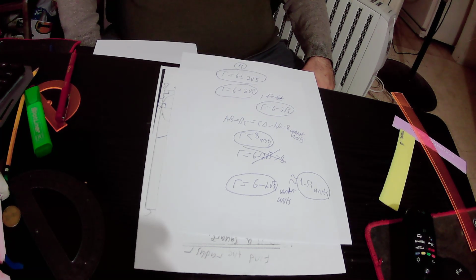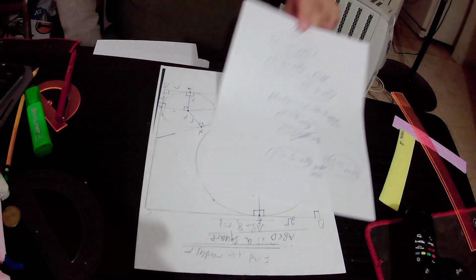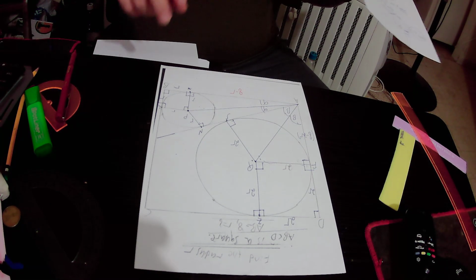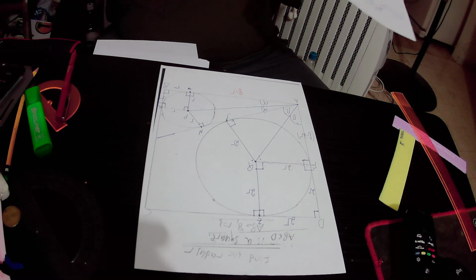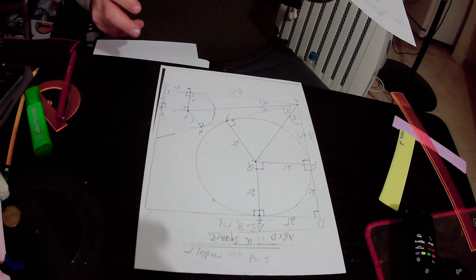But we know that one side of the square ABCD is 8 units. And we know that the small circle is inside the square, so the radius of the circle must be less than 8 units because it is inside the square.